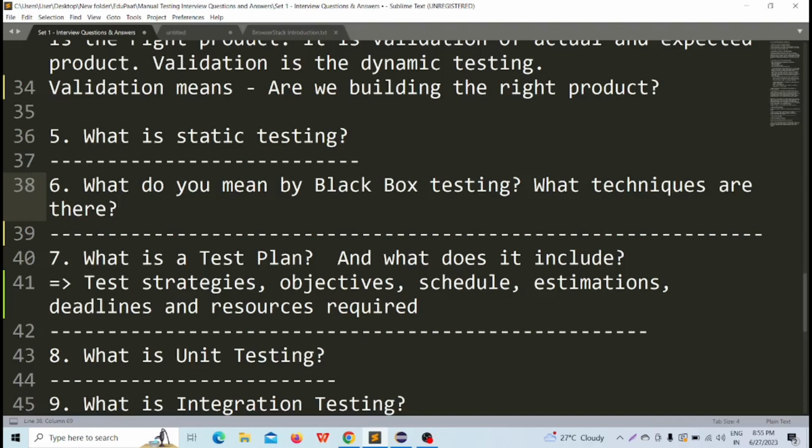In simple terms, we don't need to know any internal code structure, internal implementation, or any coding knowledge. Basically we give some input, and we expect to get some output. That is black box testing.